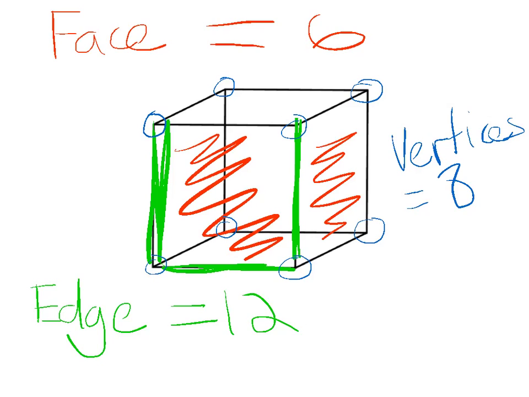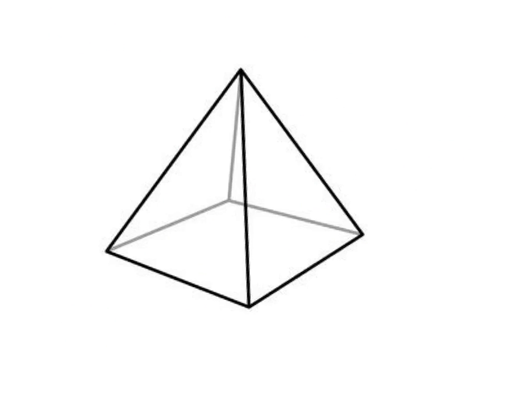Let's take a look at another shape. This 3D shape in front of you is what is called a square-based pyramid, called that because the base of it is a square shape. So, if we have a look at this carefully, we're now going to go through and find out how many vertices, edges, and faces. Let's do faces first.